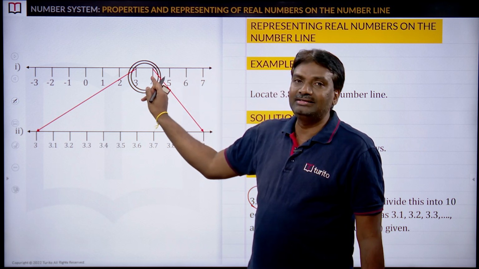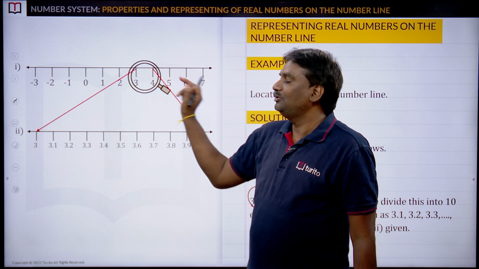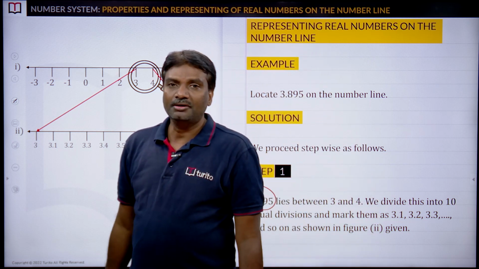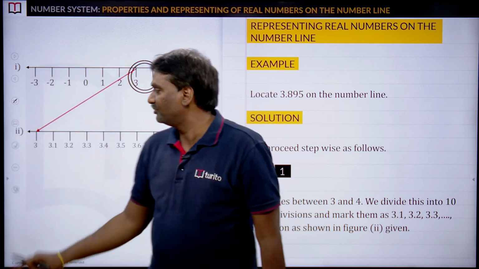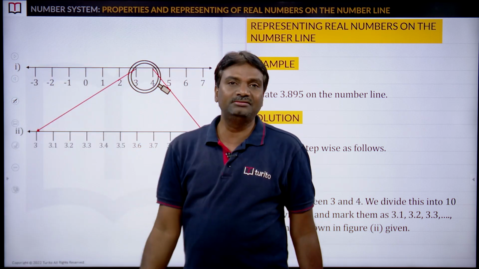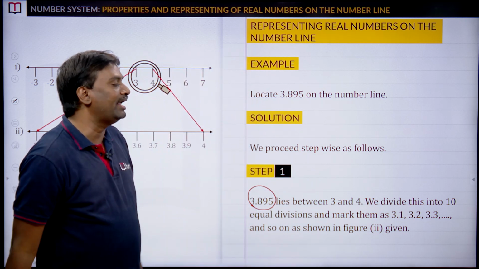First take the real number line like this. From this real number line you take the two numbers 3 and 4. Just look at figure 2; this is figure 1, this is figure 2. 3.895 lies between 3 and 4.